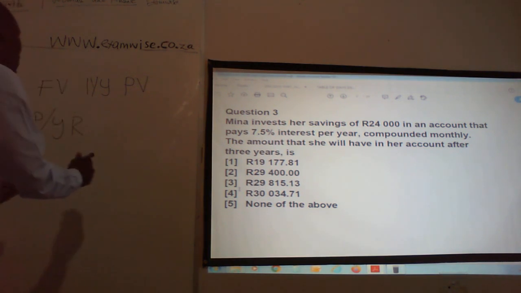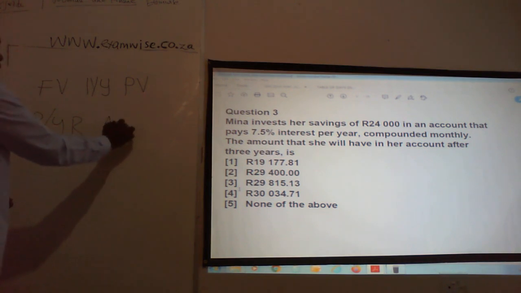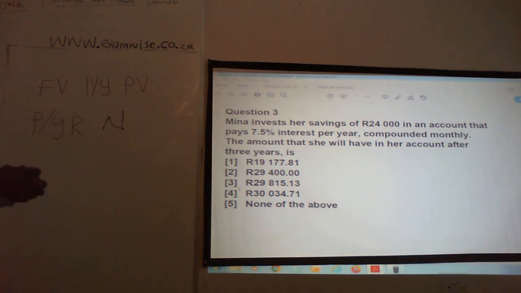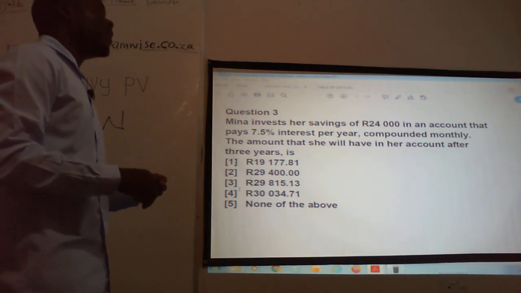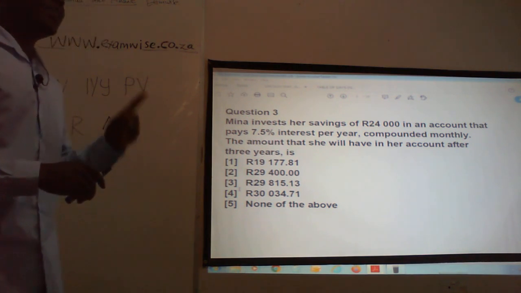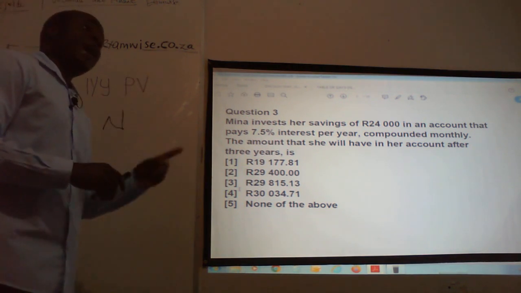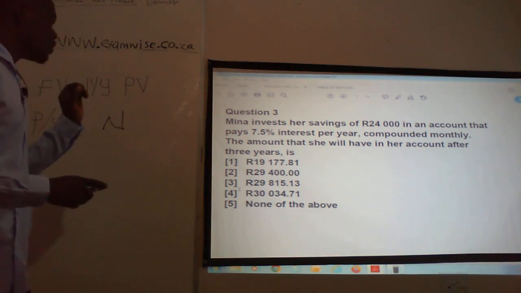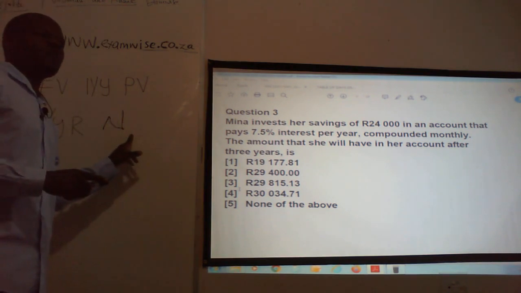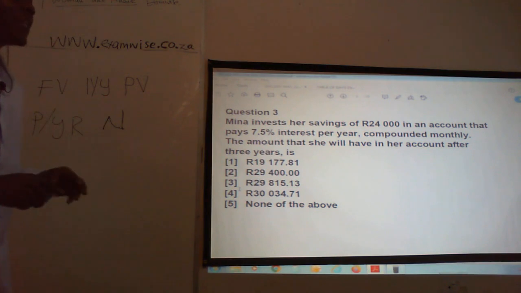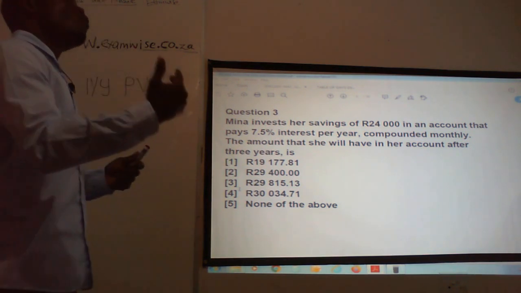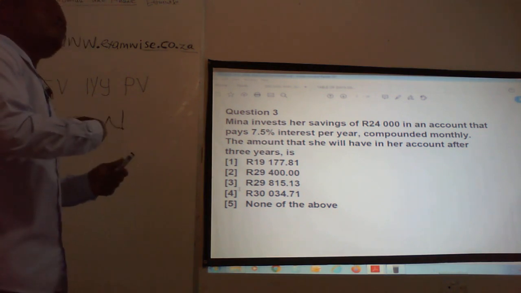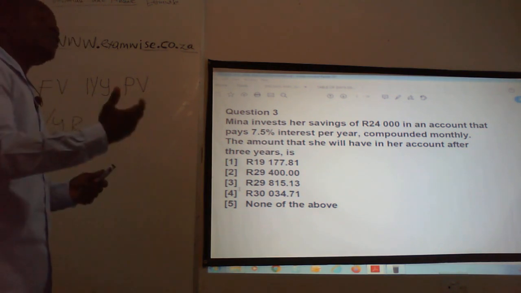So we also have our N. I also need to emphasize here, as long as interest is calculated more than once per annum, our N is no longer the number of years, but our N will be the total number of compounding periods for the whole investment period.